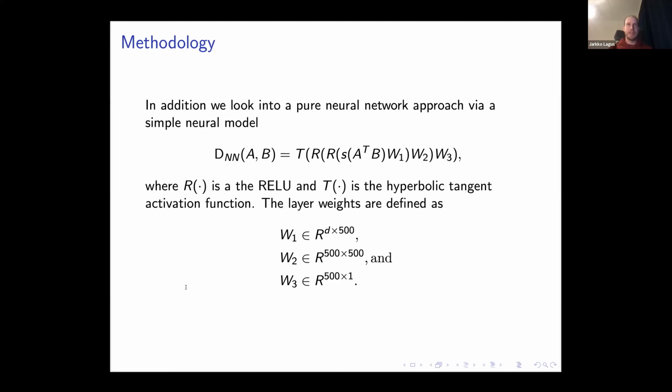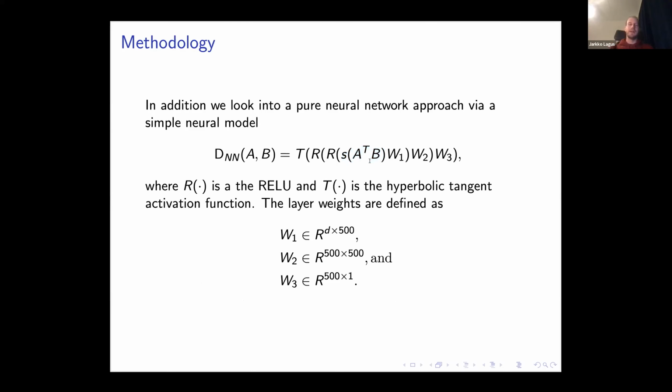And since we are interested in how well the singular values actually represent these documents, we also look directly at this neural network approach where we give the singular values just as an input. So this notation means that the neural network just has the singular values of this matrix multiplication as the input.